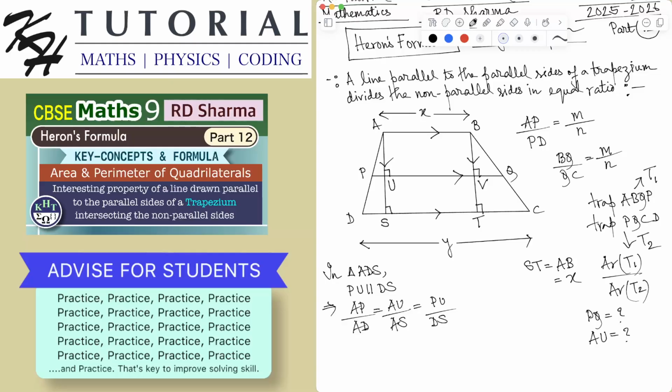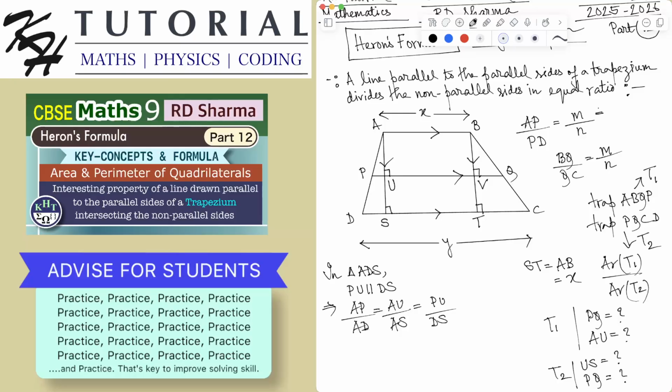Similarly, for T2, I will need US, which is the altitude of the trapezium T2, and also PQ and DC, which are the two parallel sides of the trapezium T2.